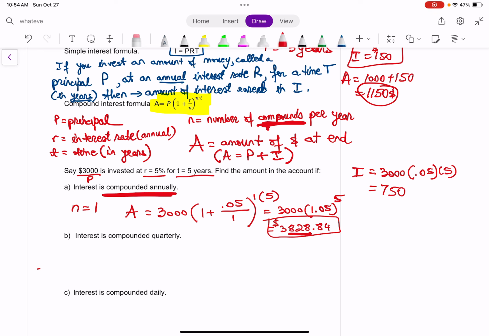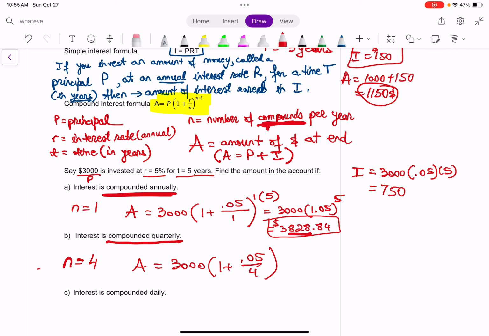Now, what if we say the interest is compounded quarterly? That means how many times a year? Well, there's 4 quarters in a year. So same thing, put all of this in your calculator. But this time, because the interest rate is your annual interest rate, after 3 months, that's a quarter, you're not going to earn your full 5%.